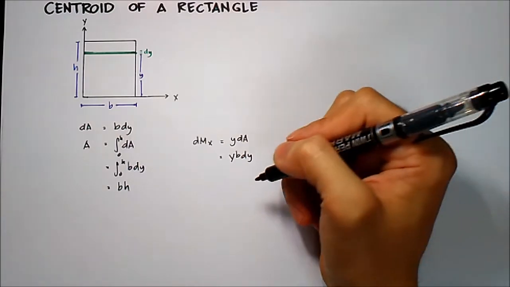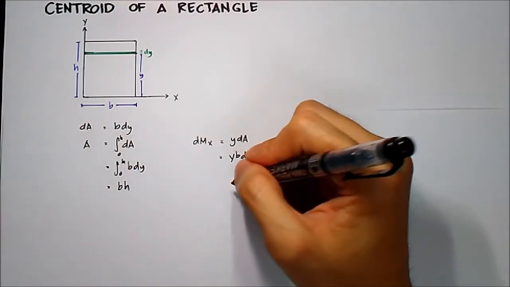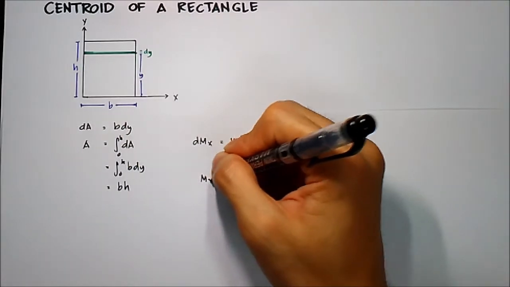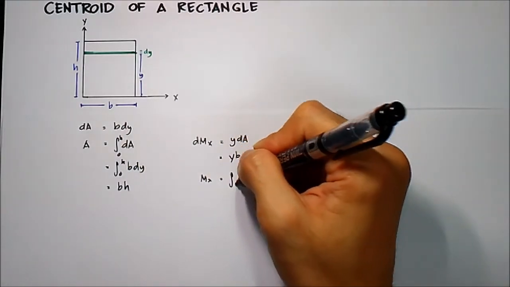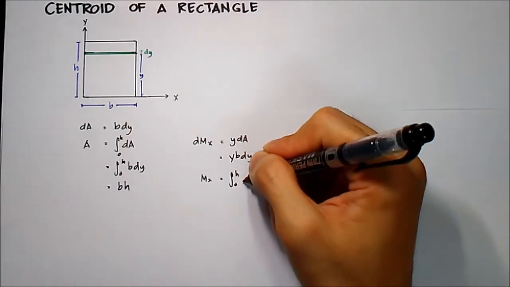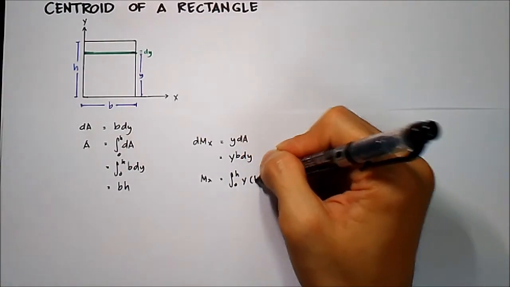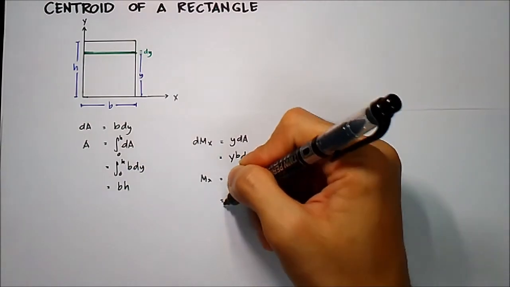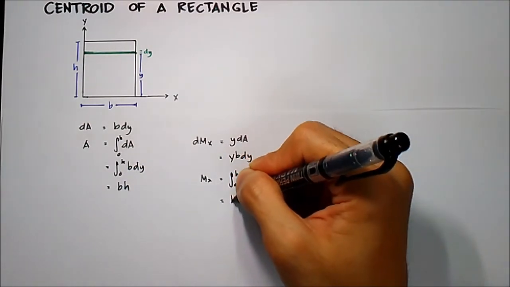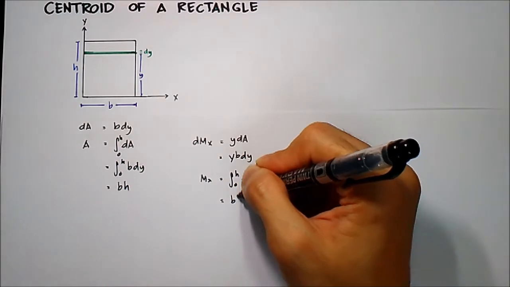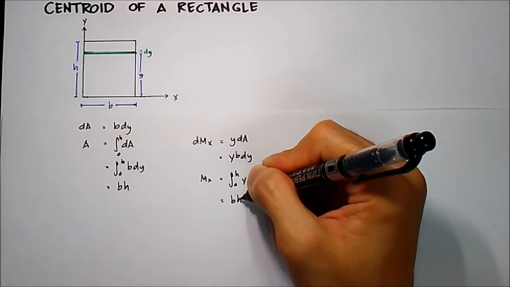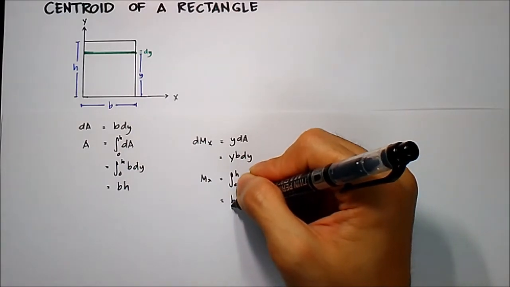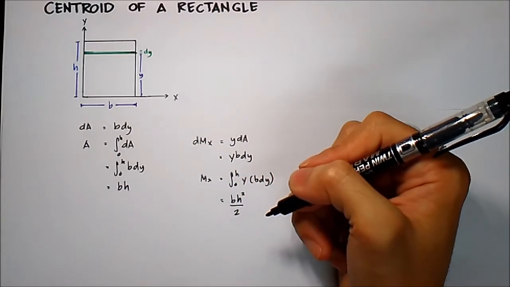Therefore, the first moment of the entire area about the x-axis is given as the integral, which is equal to the base times the height squared over 2.